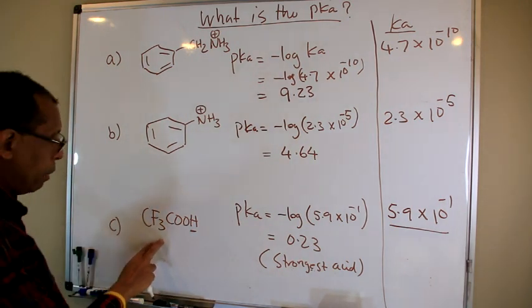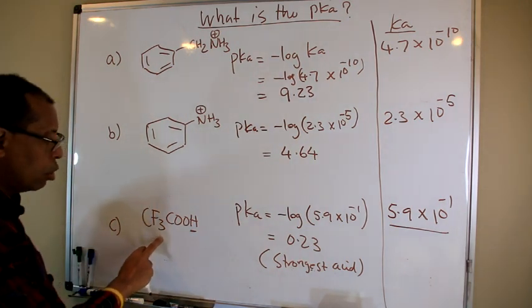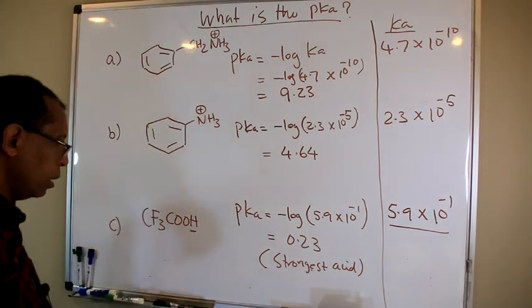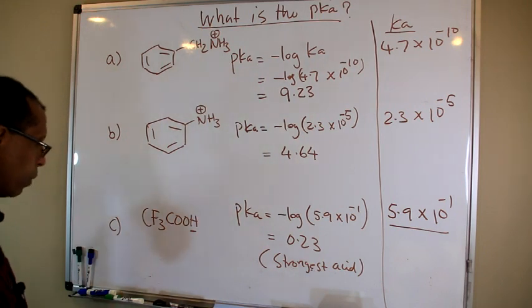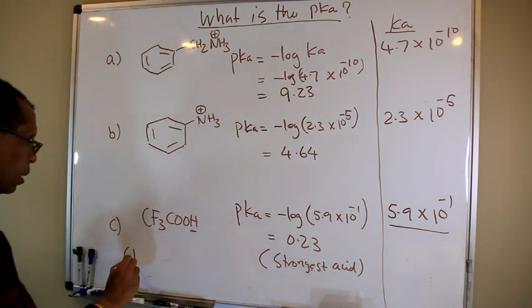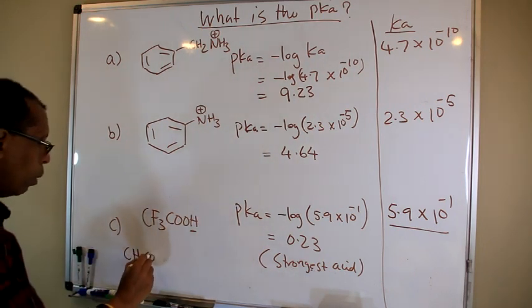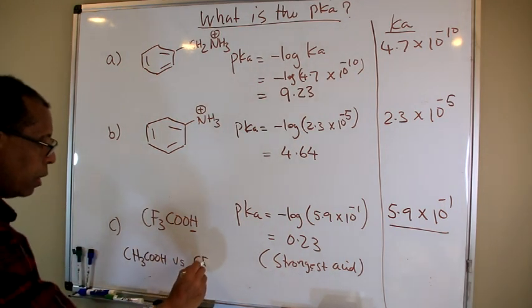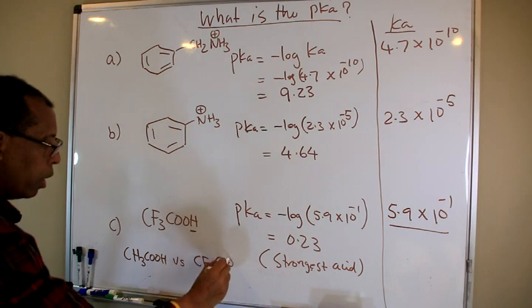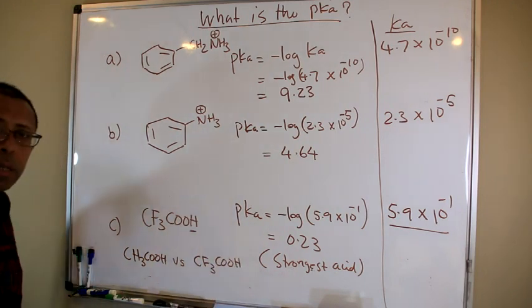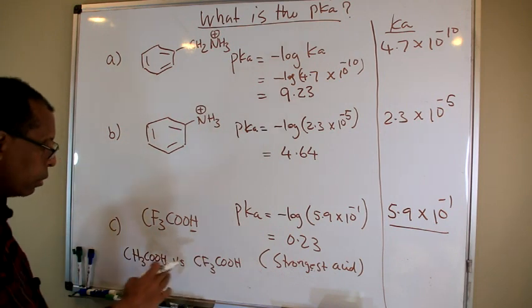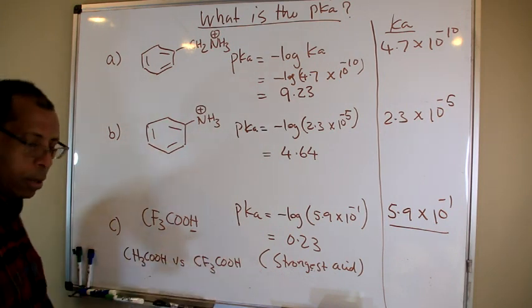Here, an important concept I want to highlight for you: this is an acid. If we were to compare it, for example, with CH3COOH, which is acetic acid, versus CF3COOH, an important point is that both are resonance stabilized when the proton is gone.